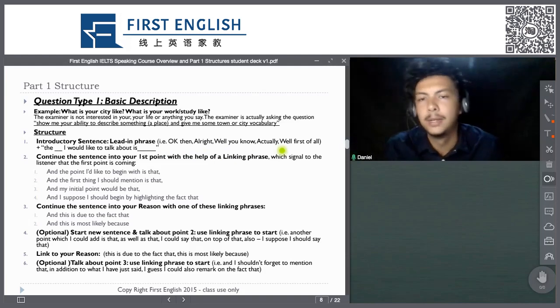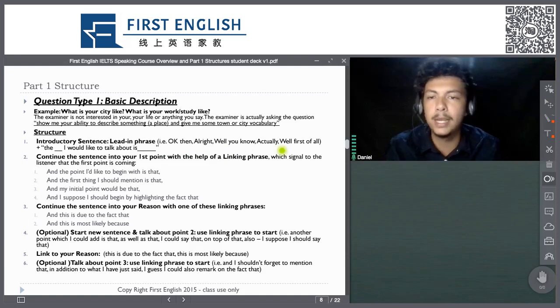And then you're going to continue by saying the city, in this case, because we're using the example of what's your city like, the city I would like to talk about is Beijing. So that whole phrase is going to be, well, first of all, the city I would like to talk about is Beijing. So that's going to be our lead-in phrase.